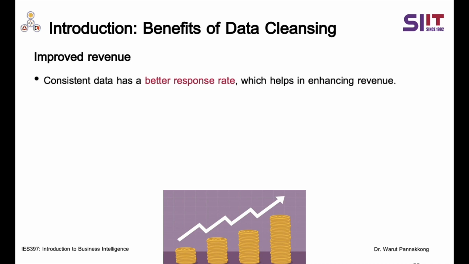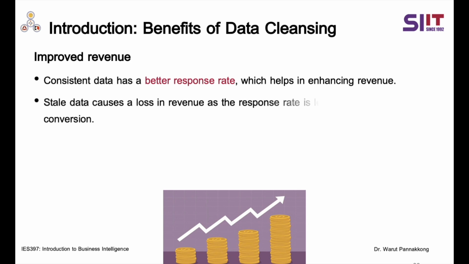So in the end, since the output is improved, we will end up having improved decisions, reduced costs, increased productivity, and also improved revenue. Consistent data has a better response rate, which helps to increase the revenue.